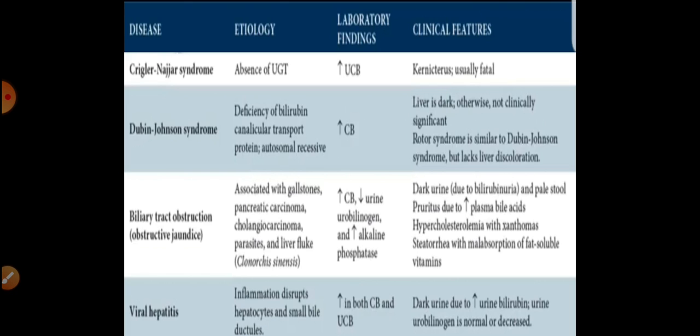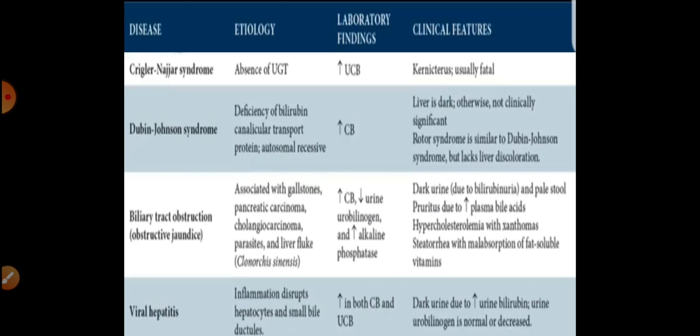It is because of urobilinogen, which is produced in excess because of increased bilirubin metabolism. But in obstructive jaundice, the conjugated bilirubin, being water soluble, is excreted in the urine and causes high colored urine.